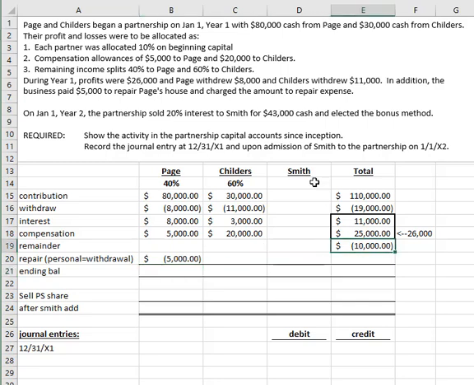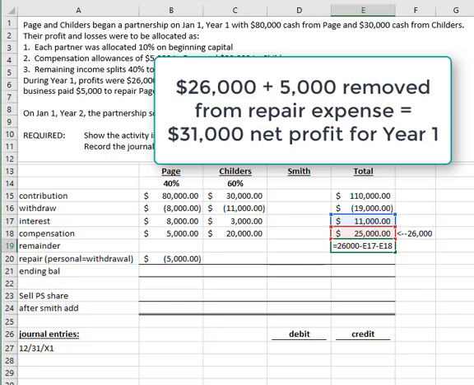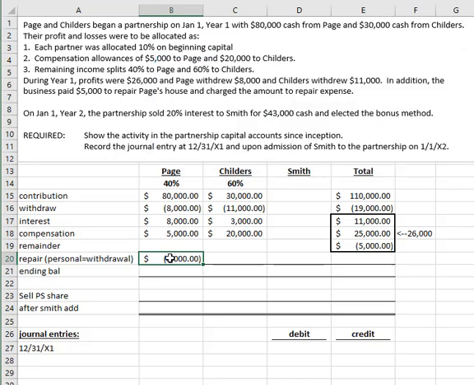So we're going to go back now and adjust this to be 31,000. So we are actually making a correcting entry to the partnership for that $5,000. We're charging it against Page. We're going to be crediting repair expense, which will be making income $5,000 higher. So now we can allocate this $5,000 based on the 40% and the 60%.